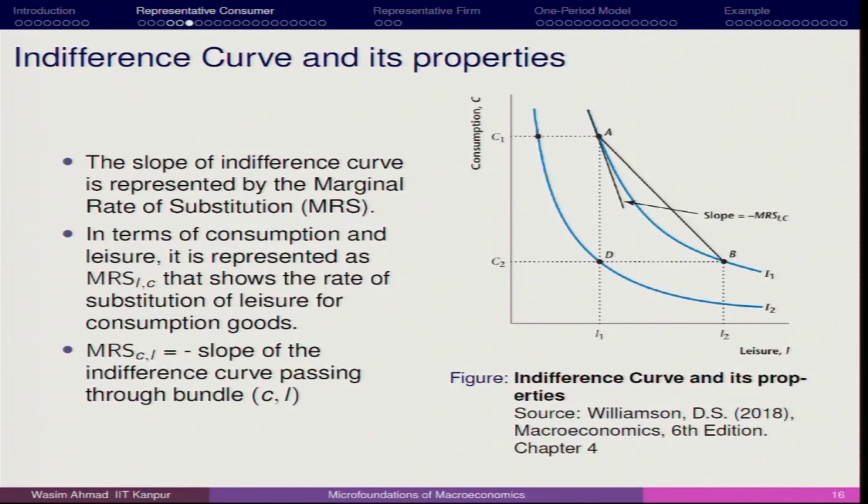Those things are not here, we are just defining it in a simple way. So, this is the utility part. We assume the representative consumer, and we define how this consumer, when given the choice between consumption and leisure, will follow this route, and these are the characteristics.